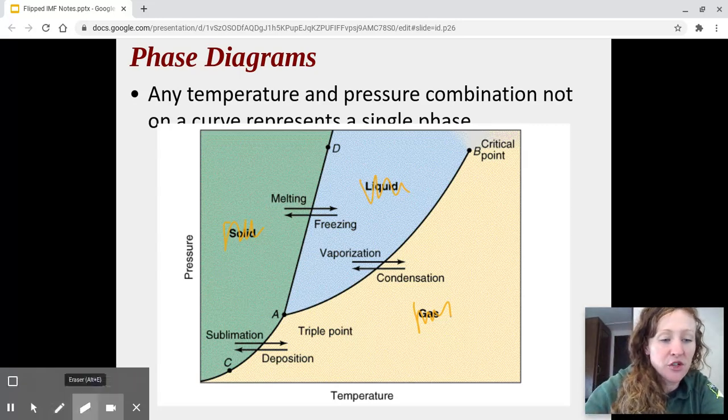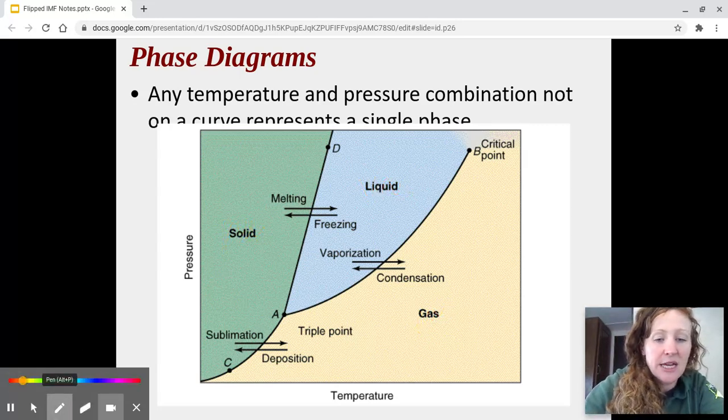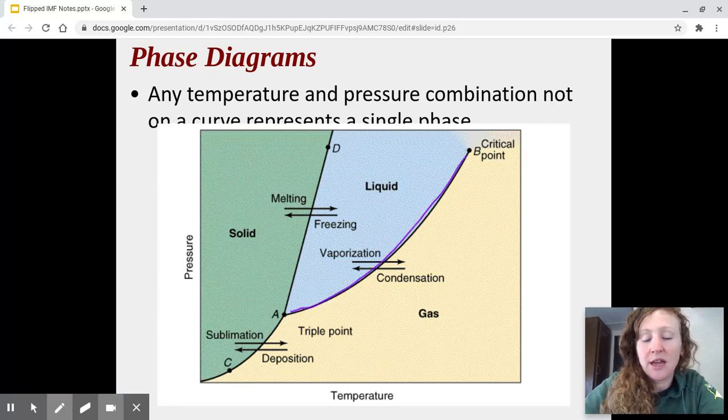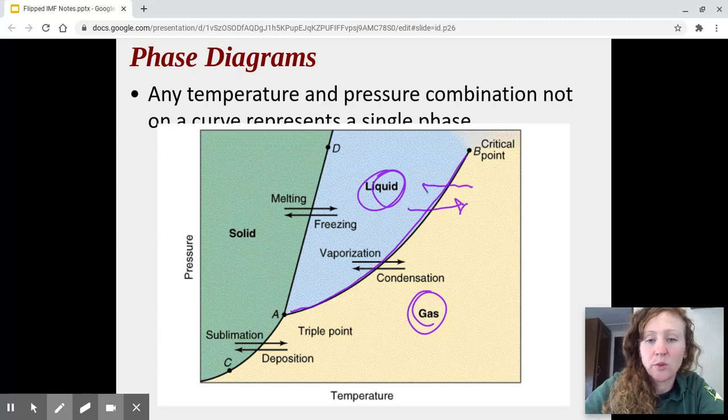Okay, other interesting things on this graph. You have lines here, and the lines communicate phase changes. So notice you have a line here, and it's the barrier between your liquid and your gas, which means that depending on which way you're going, liquid to gas would be vaporization, gas to liquid would be condensation.